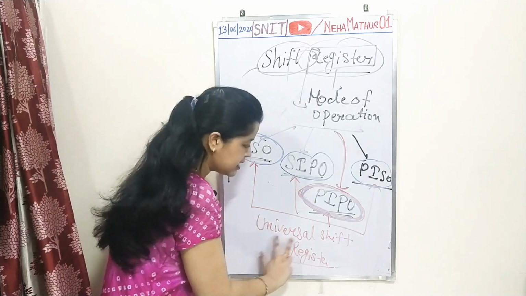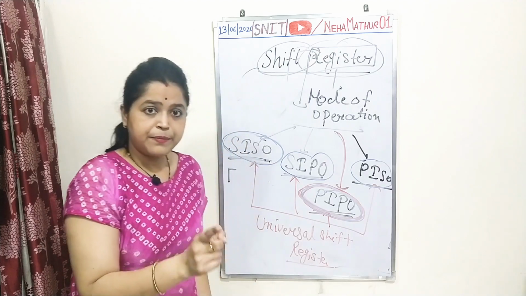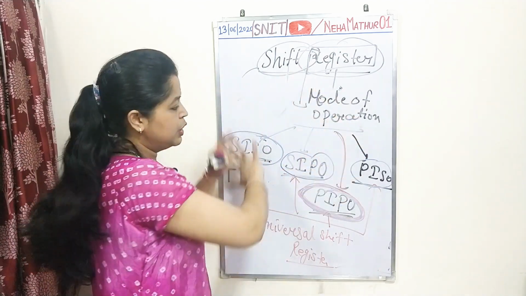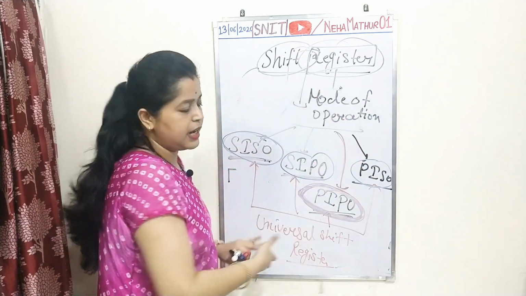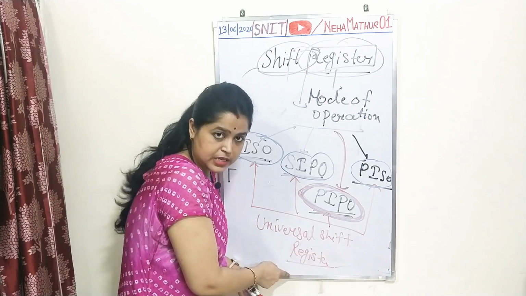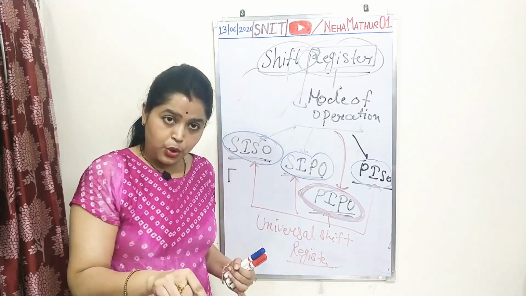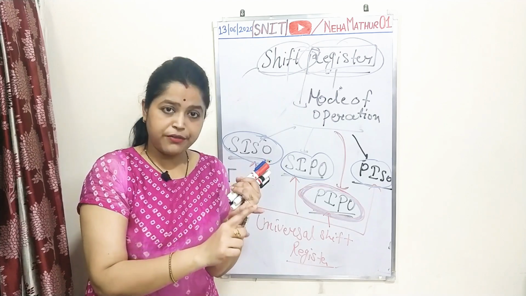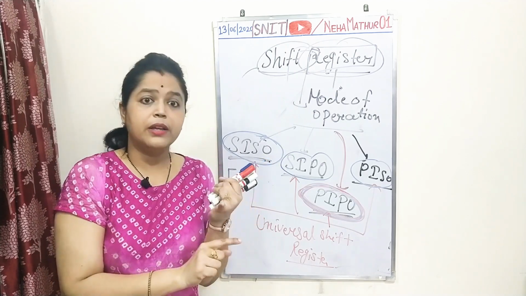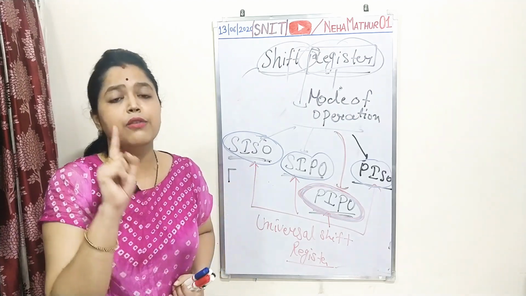So the universal shift register is the conclusion of all these modes of operation, because it is able to store, shift, left or right, as well as load in parallel form.